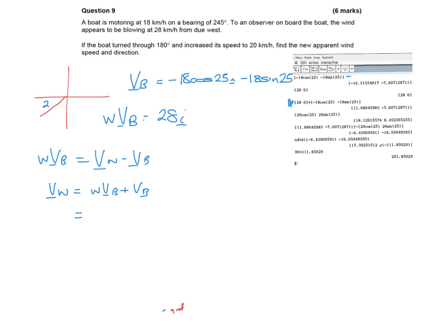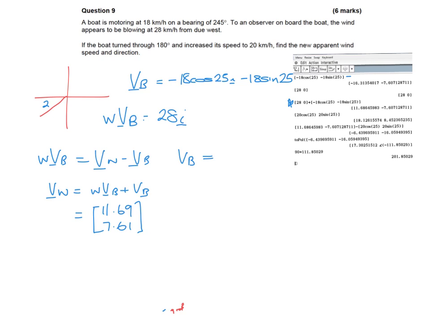The 28, 0 plus the negative 18 cos 25, minus 18 sine 25. That comes out to be 11.69, 7.61.